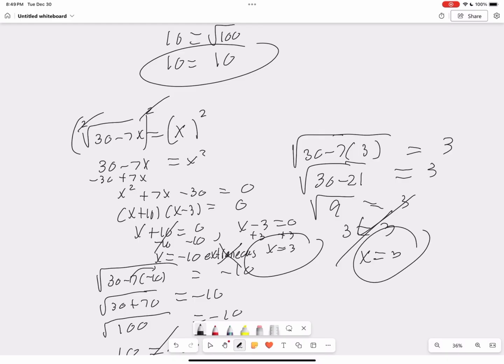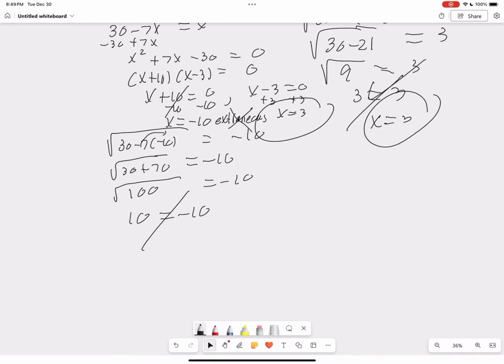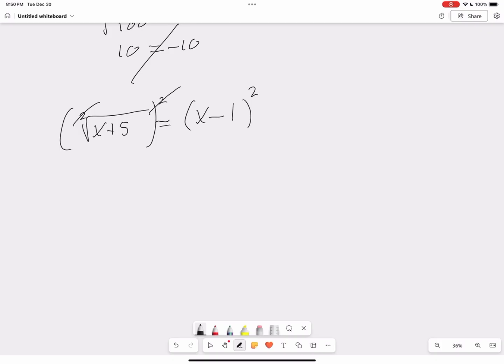Let's try another one. If we have the square root of x plus 5 equals x minus 1, let's square both sides. This is a quantity, so we have to FOIL it out this time. When it was just x squared, like before, we would just make it x squared.